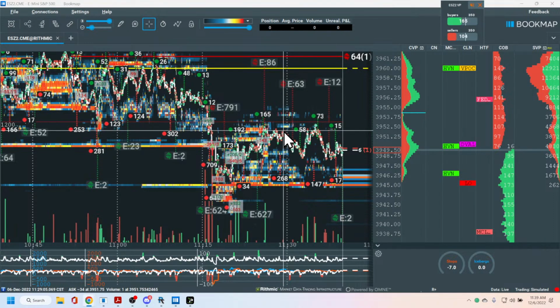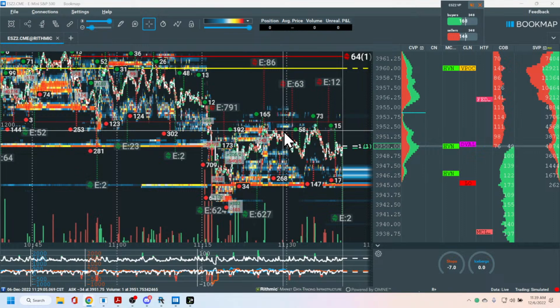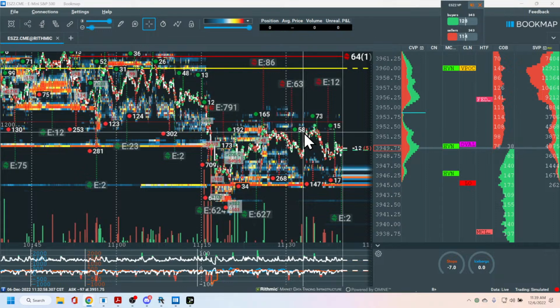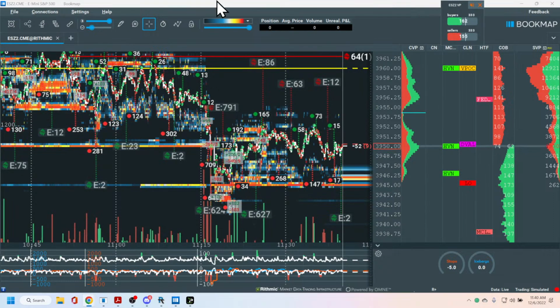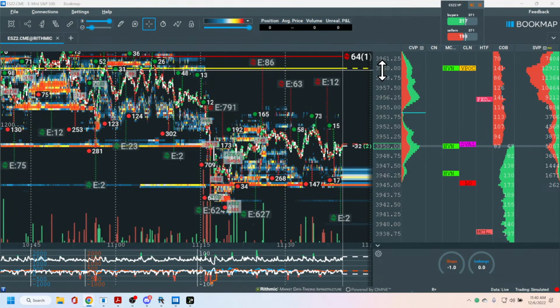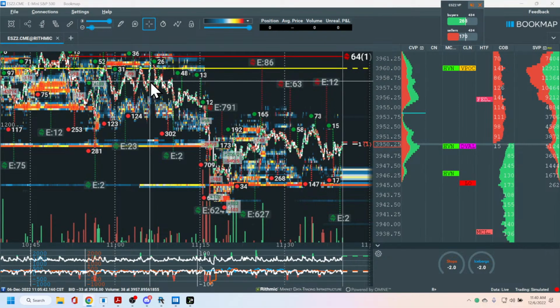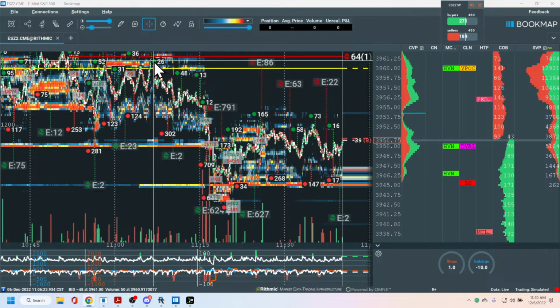But this is very sensible. The auction is the basis of how the market operates. It doesn't operate based on indicators. The auction is really what the market is all about: trying to figure out what this thing is worth. If we knew what the S&P was worth, we'd have one price, it'd be fixed, and we'd all go home. But the market doesn't know what this thing is worth. So the participants try to figure it out by auctioning.